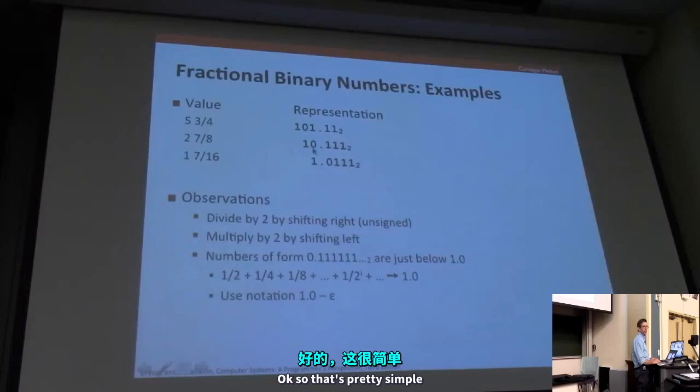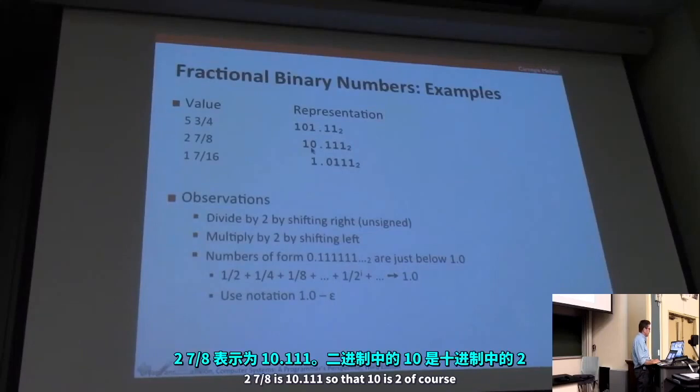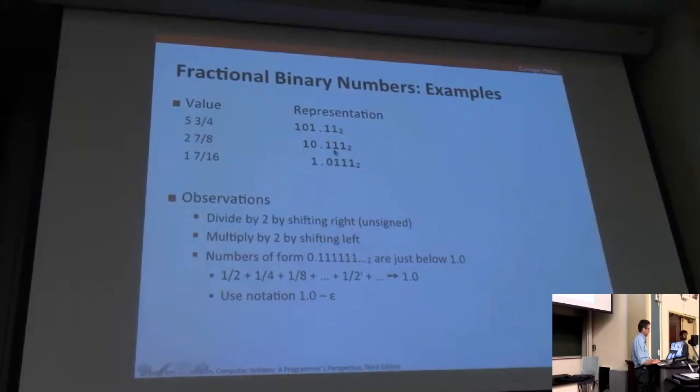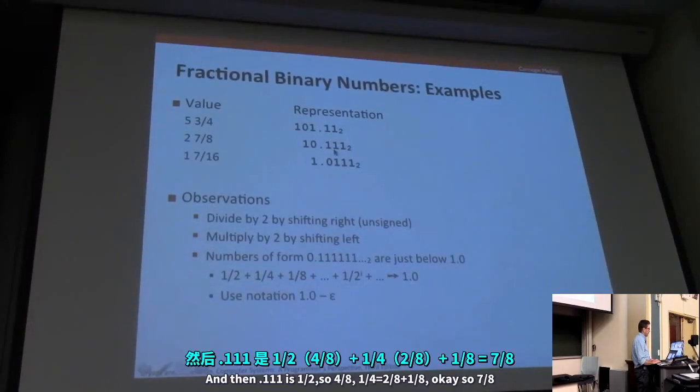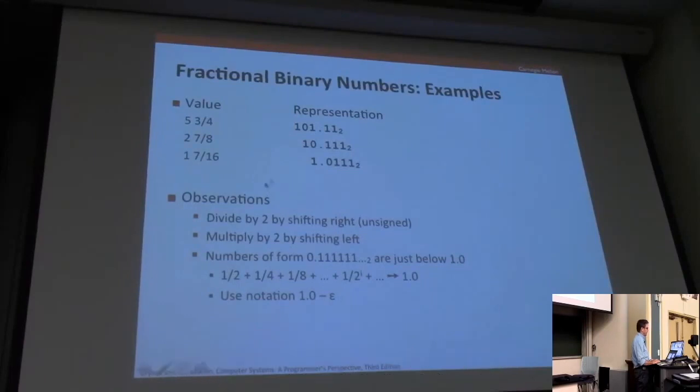That's pretty simple. 2 7/8 is 10.111. That 10 is 2, of course, and then 0.111 is 1/2 plus 1/4 plus 1/8, so 4/8 plus 2/8 plus 1/8. So 7/8.